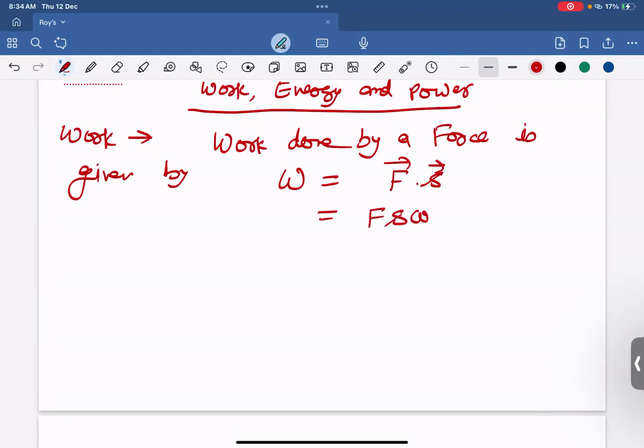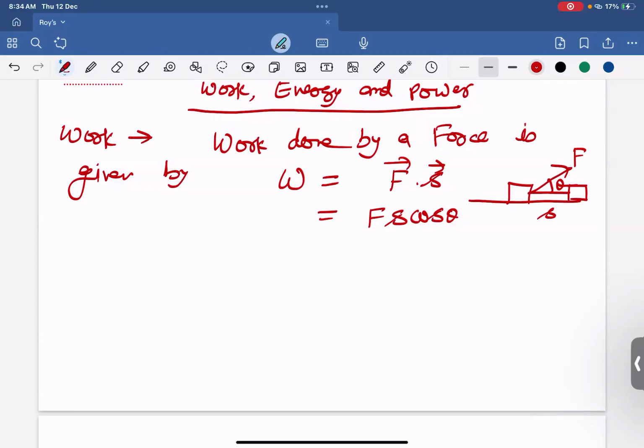Also we can write it as Fs cos theta. If a body is kept and you are applying a force, and due to this force the body has been displaced up to here, this is S and the angle is theta, right?